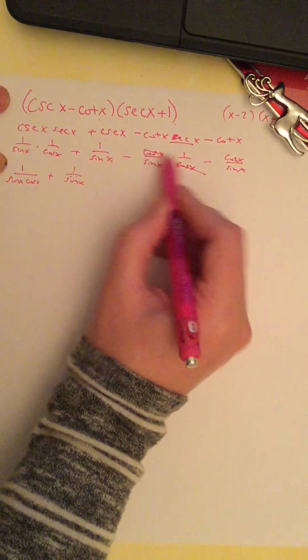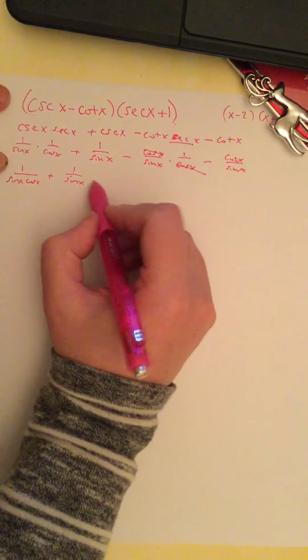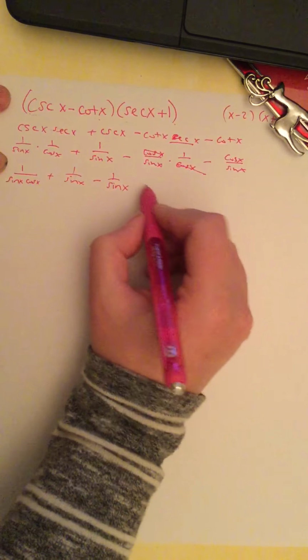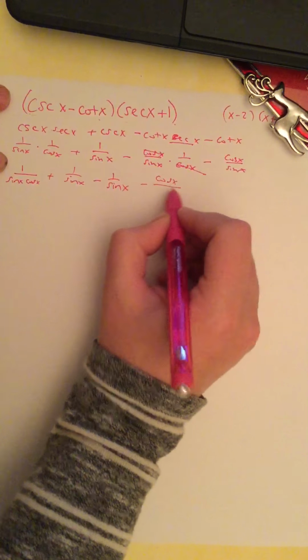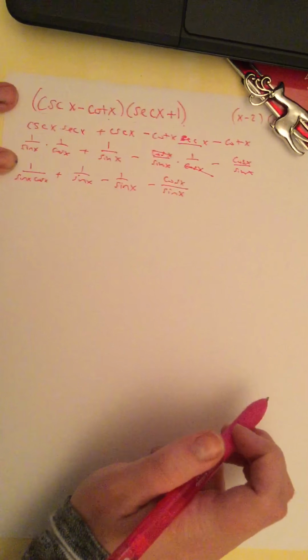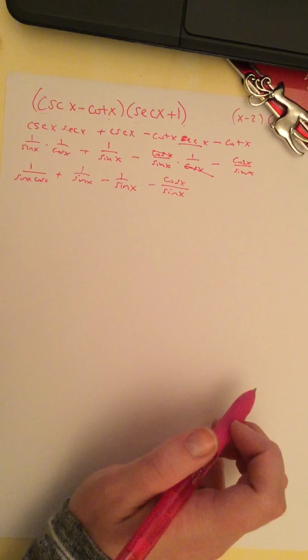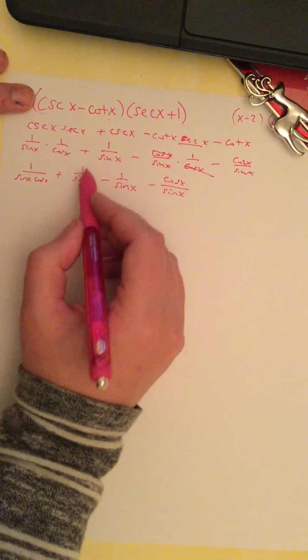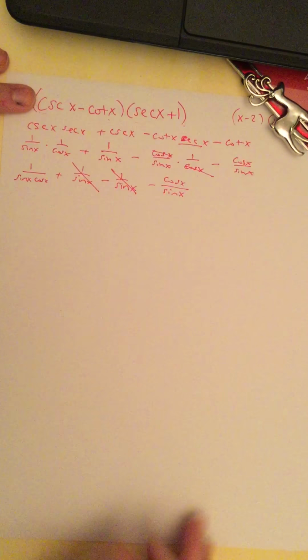Well, now I notice when I multiply these two things out, I'm left with minus 1 over sine x. I hope you're starting to think about what you can do with that. Okay, so those are those pieces. So now, hope you've thought about that, hope you've noticed. So you have 1 over sine x minus 1 over sine x. So those two things cancel each other out to be 0.